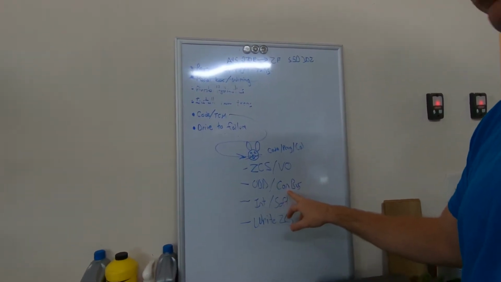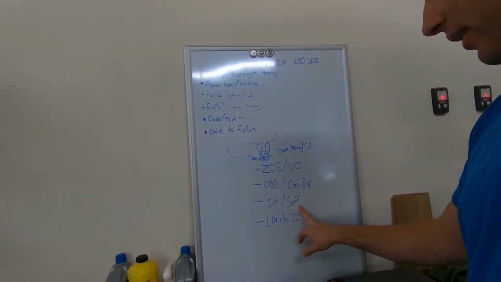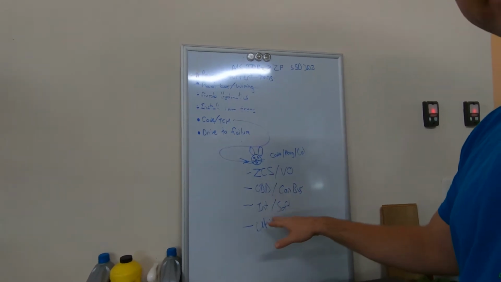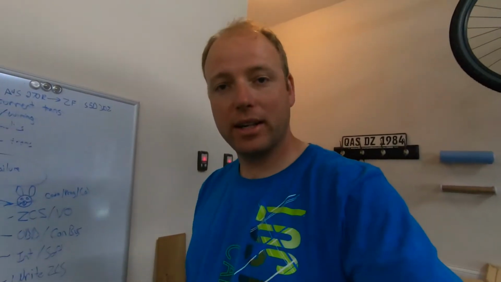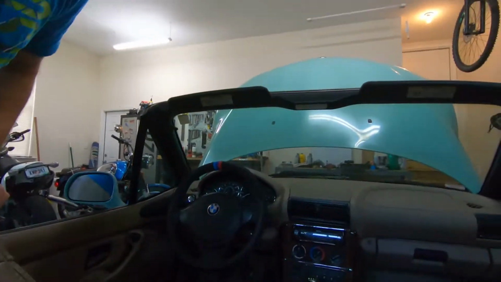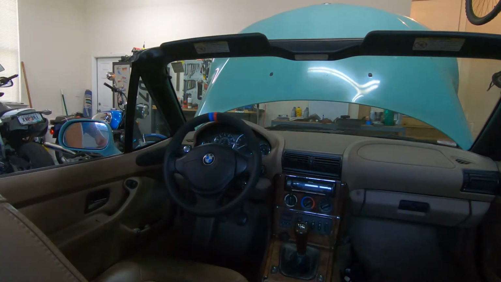That CAN bus definitely put it in reverse and drove over me a couple times. And then the software and the interface that I used, and then writing the ZCS to get you to the state that I'm currently in. So we'll go ahead and jump in the car for a second and show you where I'm at and talk about a few things that people have done that I've seen on videos when they're going through this conversion themselves.